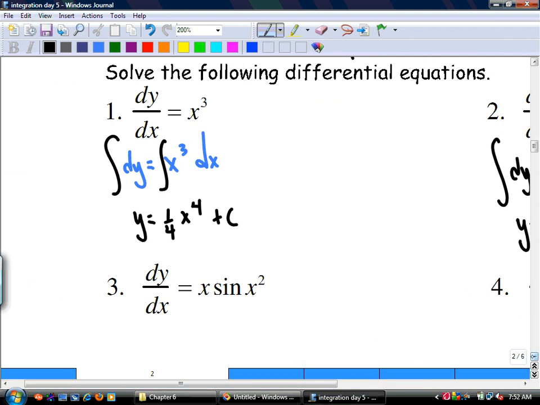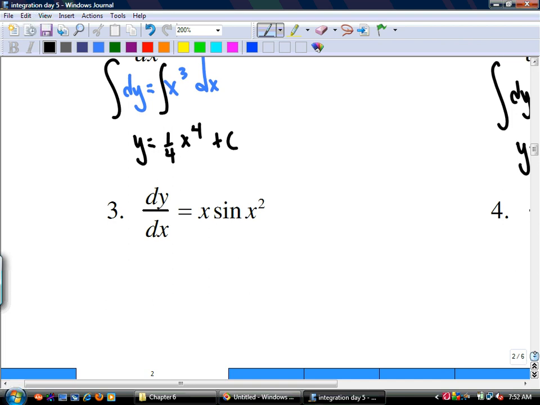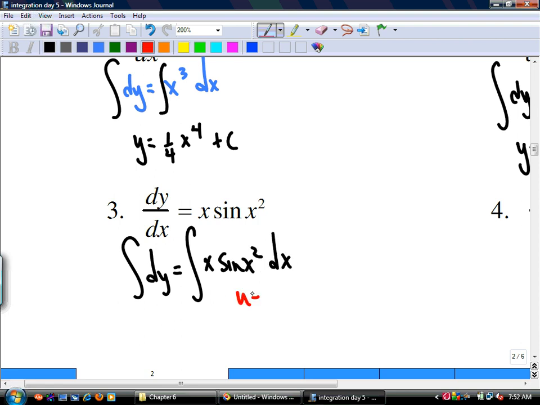X sine, ooh. So, u-substitution, we're going to let u equal x squared. du equals 2x dx. Don't see a 2. Put it over here.